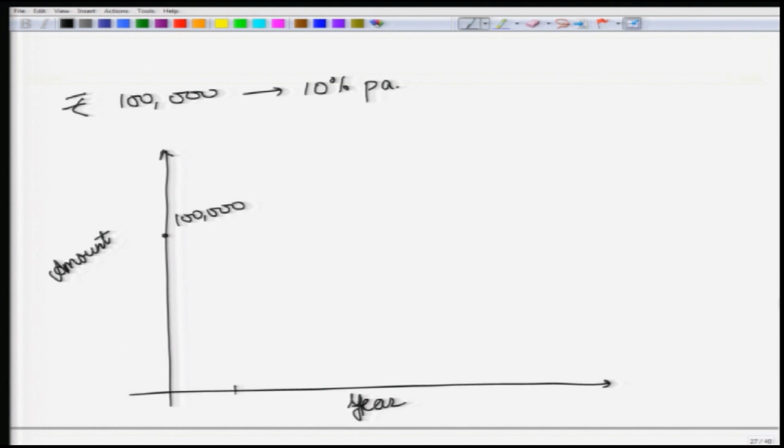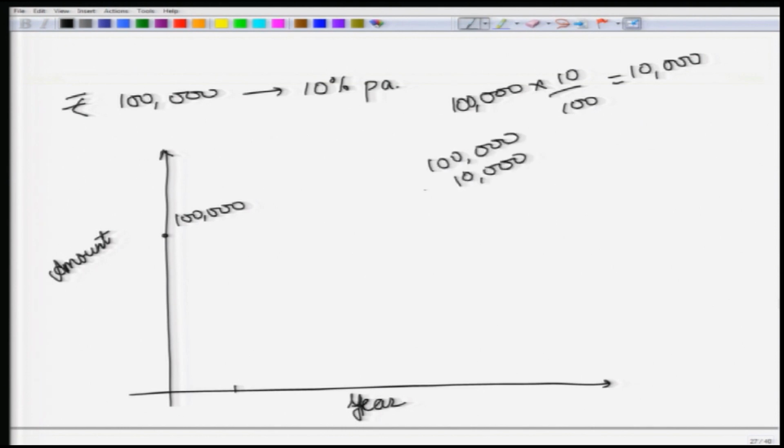Now, after 1 year, the amount plus the interest. So, the interest that we will have is 100,000 into 10 by 100 is equal to 10,000. So, at the end of 1 year, the amount that we have in this bank is now 100,000 plus 10,000 is 110,000 rupees.